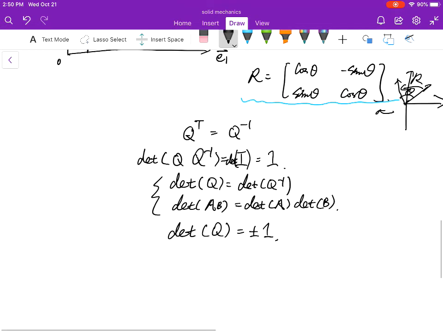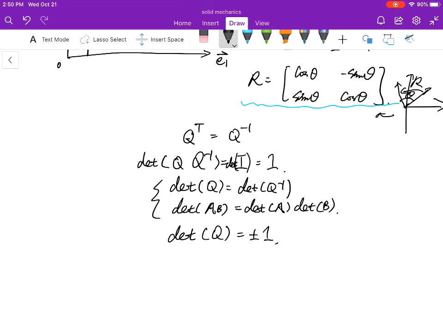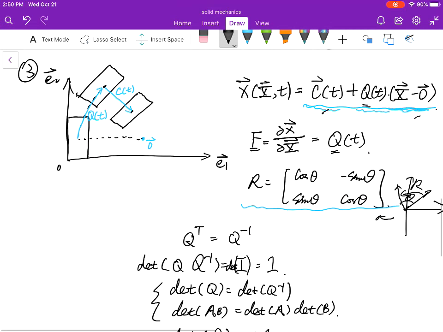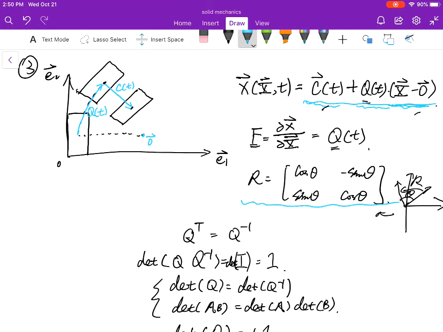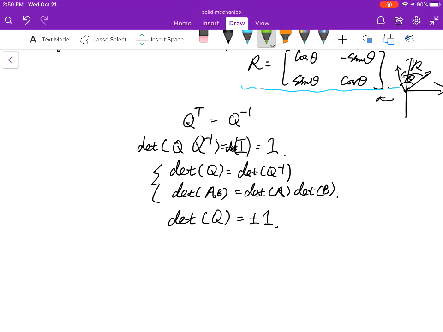Also note that a proper rotation corresponds to the determinant of Q equal to positive 1, because when we rotate the material from here to here, the volume should not change since we did not deform it. It's a rigid body rotation, so the volume should be preserved.